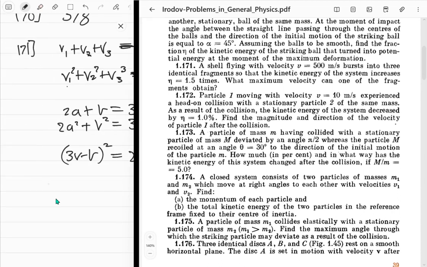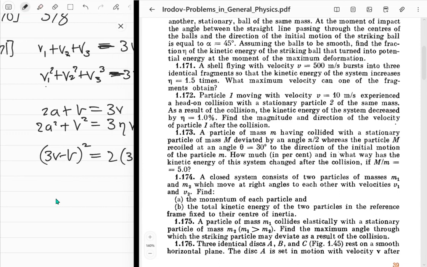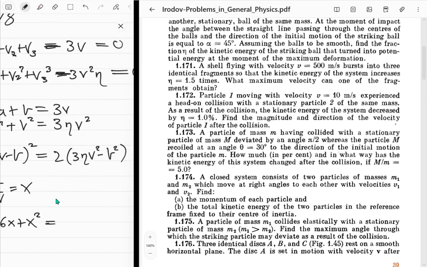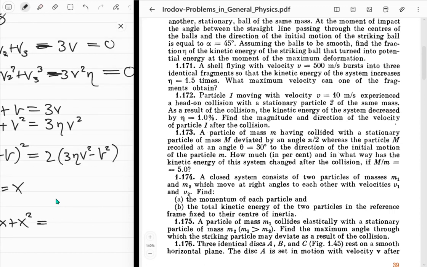Yes, so let's expand this. For now I'll just say b upon v is equal to x, so that we can deal with this easily. So it's going to be 9 minus 6x plus x squared, equal to 2 times (3 eta minus x squared), so 6 eta minus 2x squared.